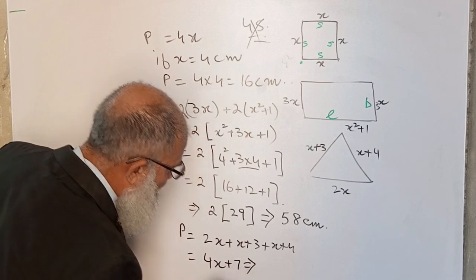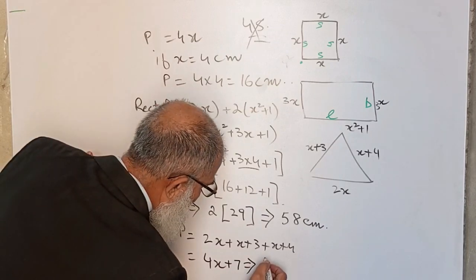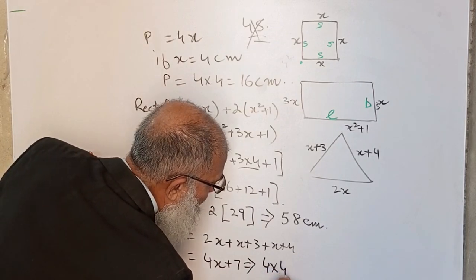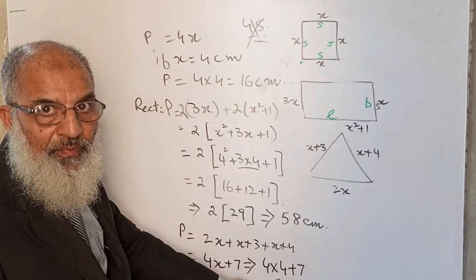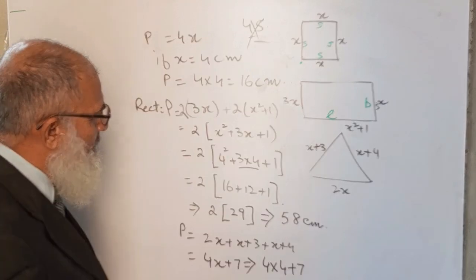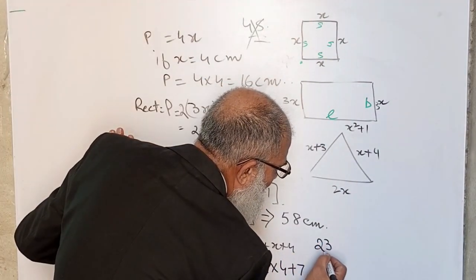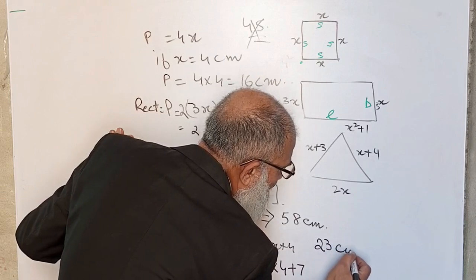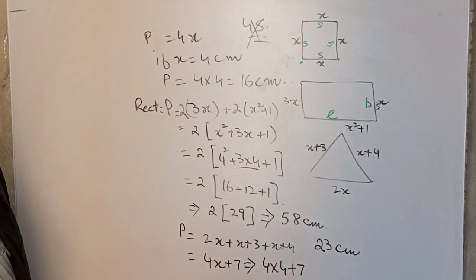If x is 4, then it will become 4 multiplied by 4 plus 7. 16 plus 7 is 23. So the perimeter is 23 centimeters.